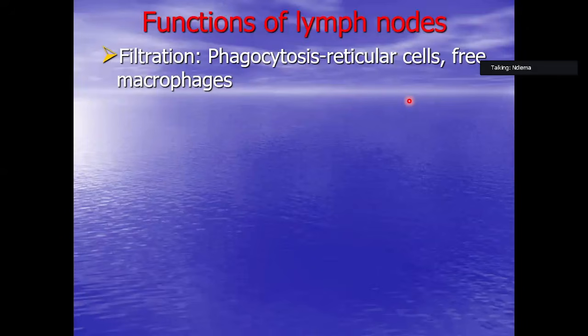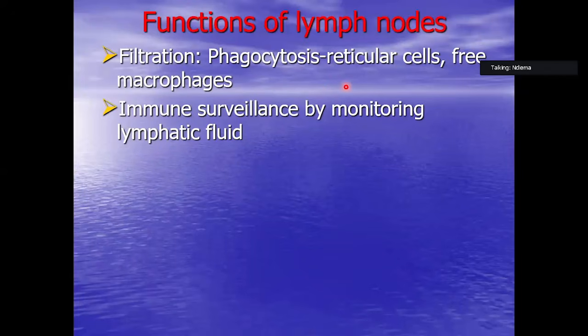Filtration by phagocytosis. This phagocytosis can be by macrophages, by free macrophages, macrophages within the lymph nodes, and also reticular cells are capable of phagocytosis. Immune surveillance.